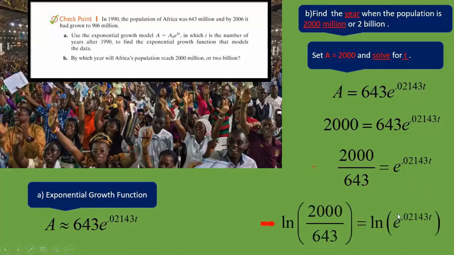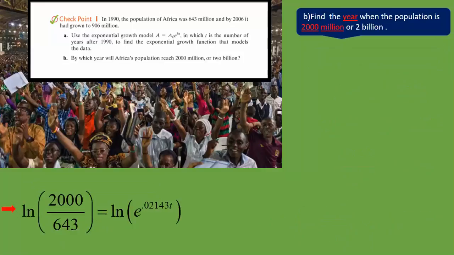We apply the natural log to both sides using the idea that if two numbers are equal, if you substitute those numbers into the same natural log, the results are equal. Then we apply the power rule, and then the resulting equation becomes what you see there. So this is 0.02143t. So now we solve for t.